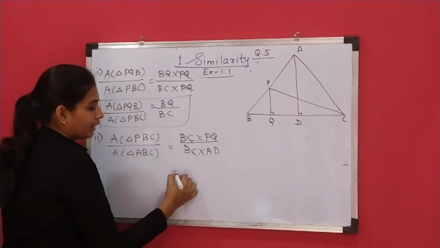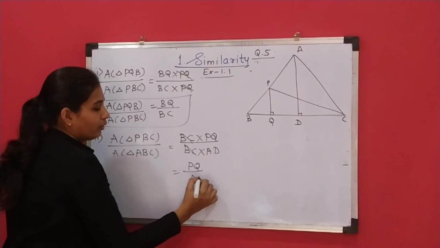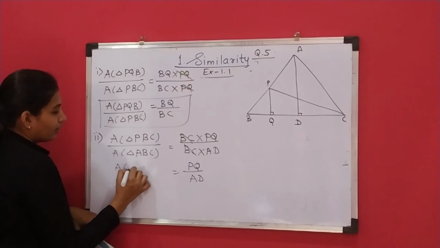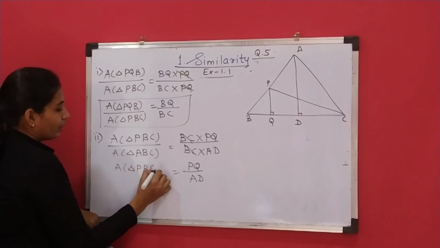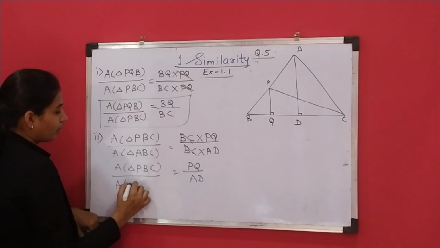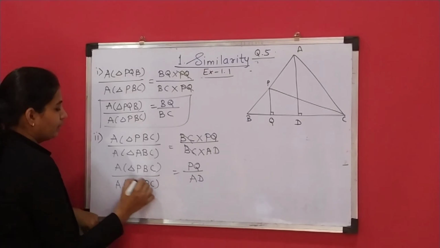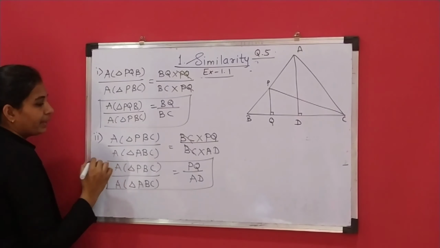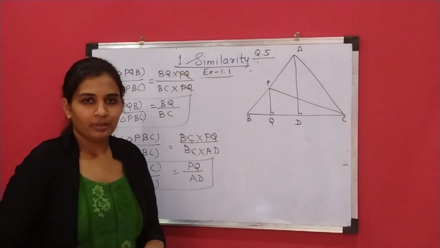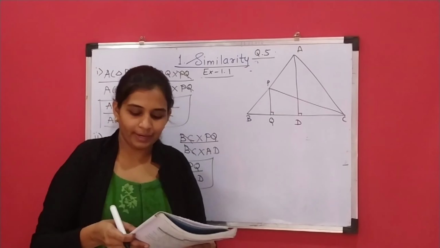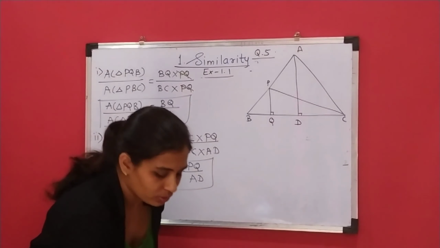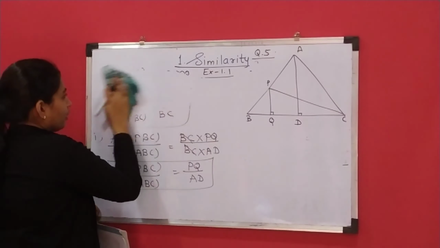BC will get cancelled. PQ upon AD. We get another answer, area of triangle PBC upon area of triangle ABC is equal to PQ upon AD. It is very simple. And the last two ratios are asked like that.